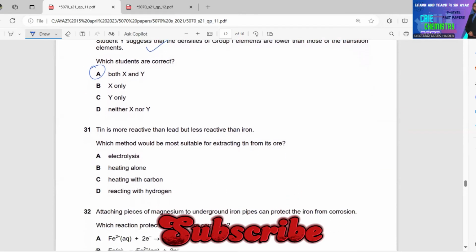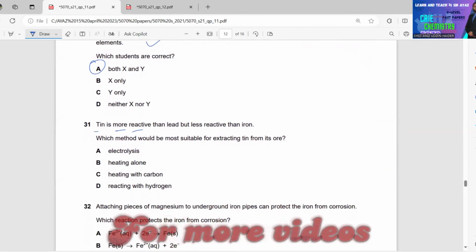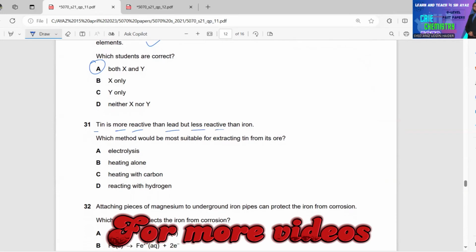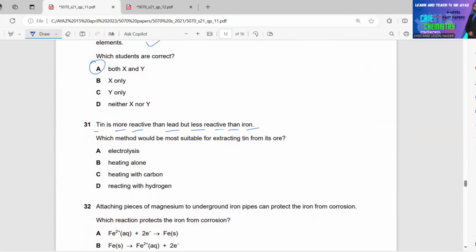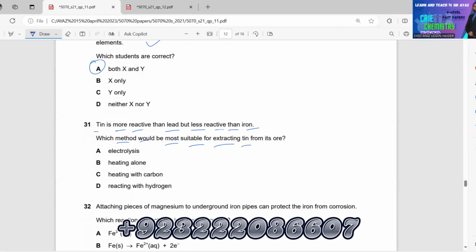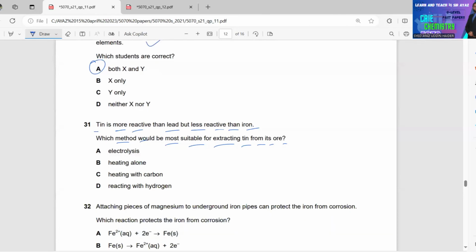31. Tin is more reactive than lead, but less reactive than iron. Which method would be most suitable for extracting tin from its ore? So tin is more reactive than lead, but less reactive than iron. Let's place tin here. So we have the reactivity series.